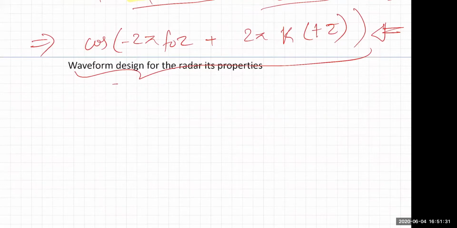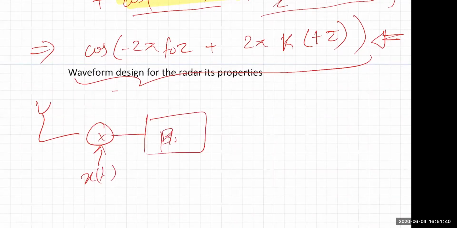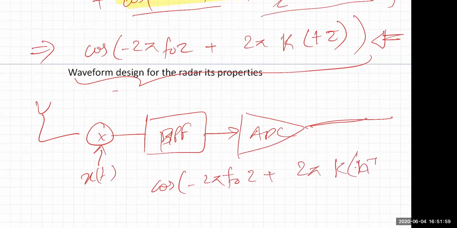Now this signal, your y of t multiplied by x of t, gets through a high pass or band pass filter where it blocks that 4f0 term, and then it goes through the ADC. Let's say it is a real ADC. What it means is that you get cosine of minus 2 pi f0 tau plus 2 pi k t, where instead of t it becomes n Ts tau.